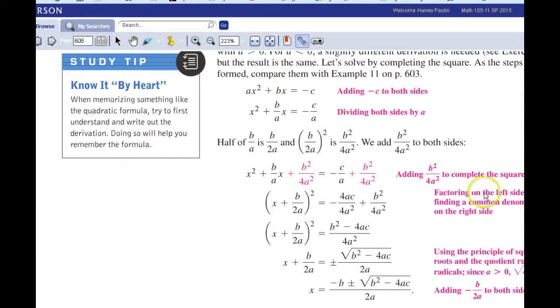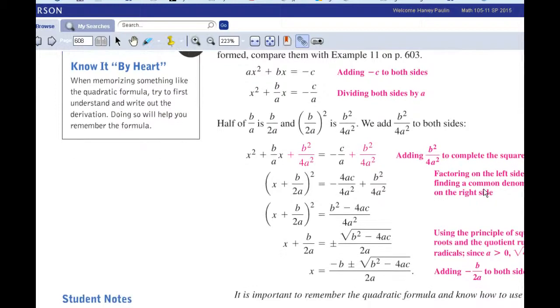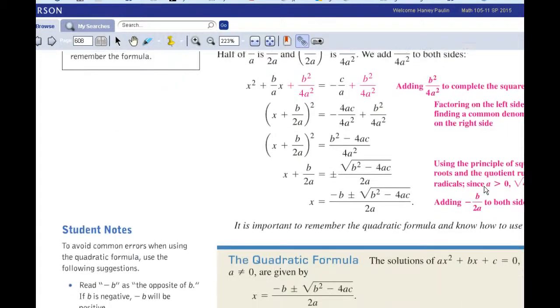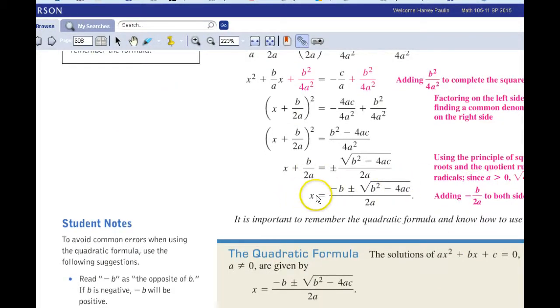In your textbook it goes through the whole thing. Eventually you end up with a value for x. And you have solved the quadratic equation in general form for the letter x.